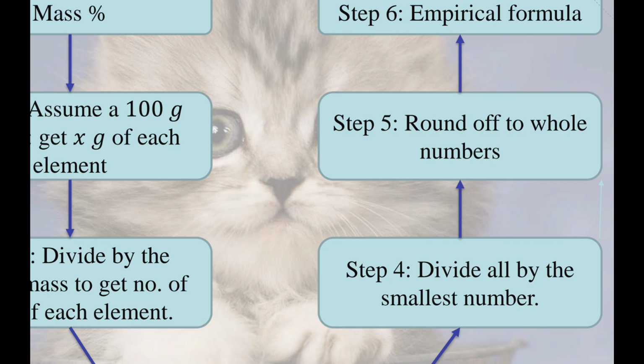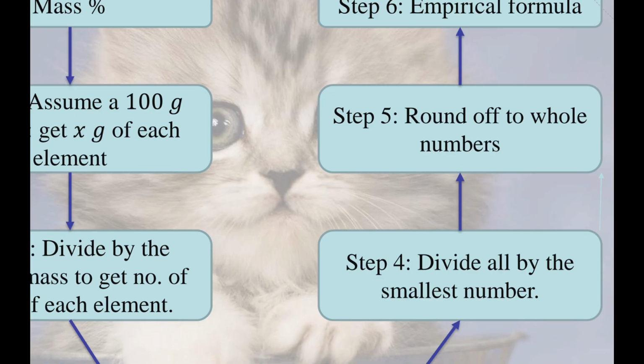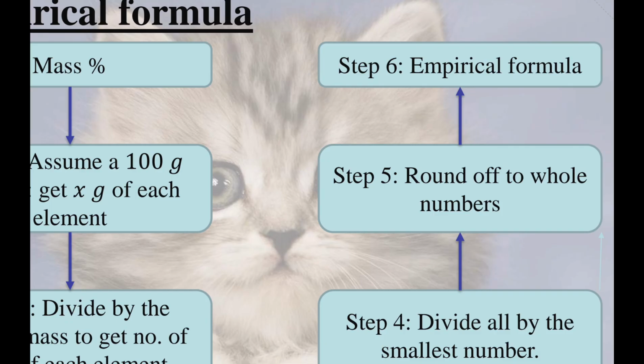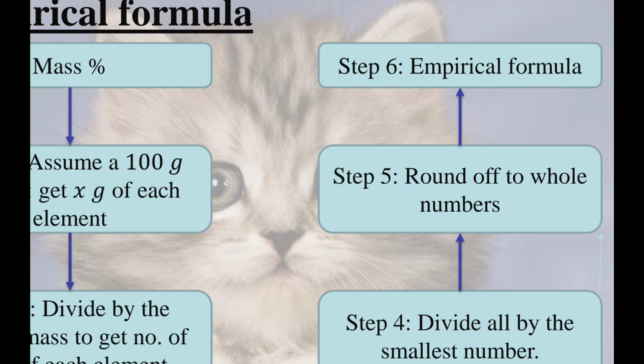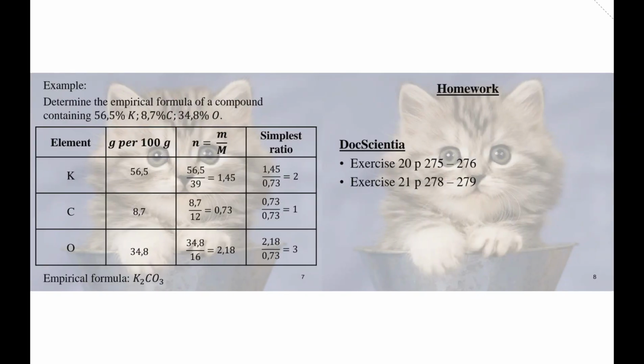Try to do it at the last step, when you're dividing all those numbers by the smallest whole number ratio. And step 6, you need to write the empirical formula in the simplest ratio form. I'm going to show you, don't worry. Let's go to the next slide.